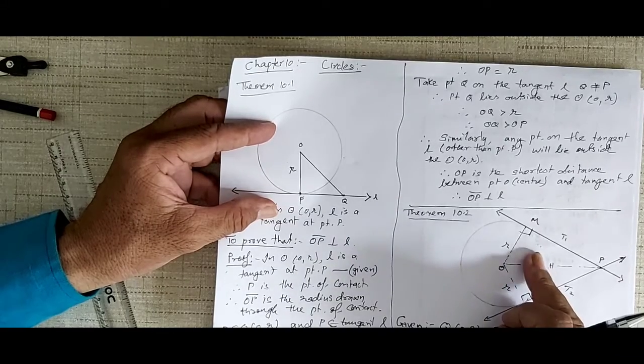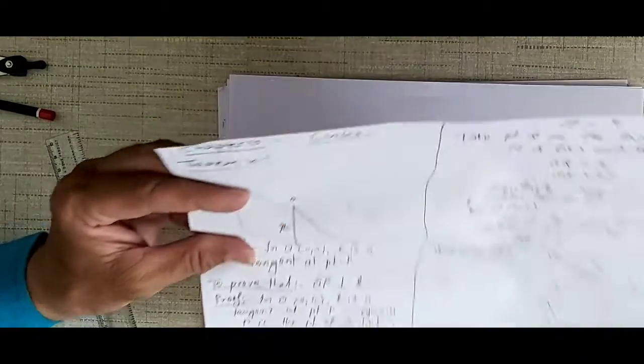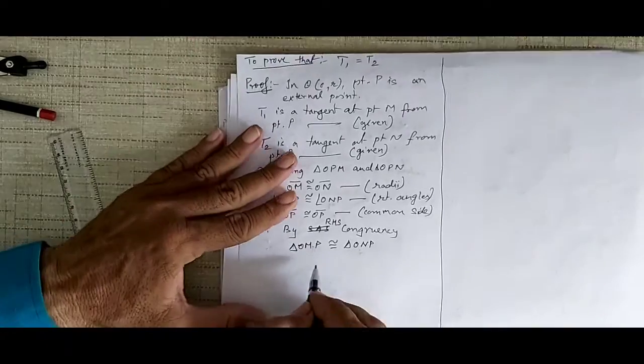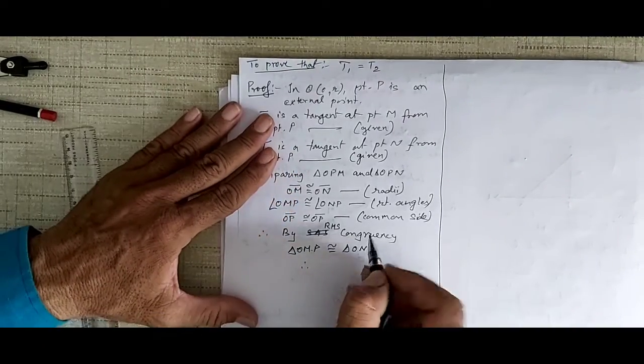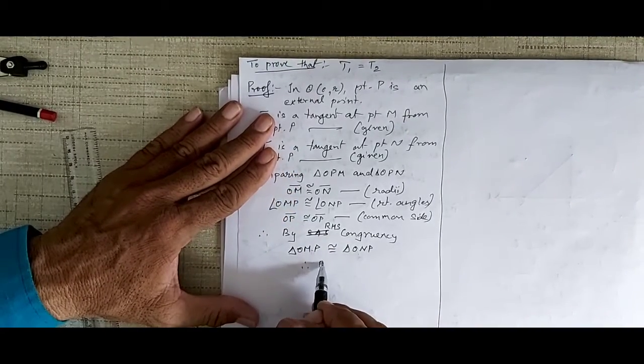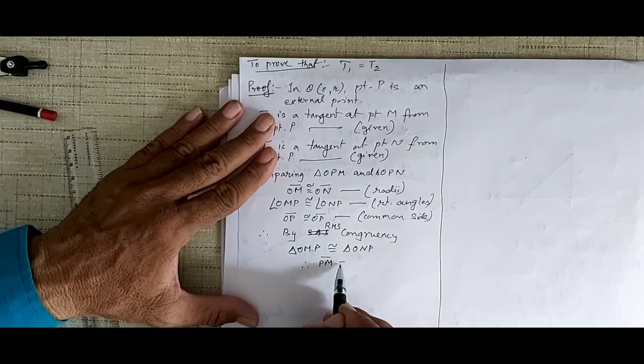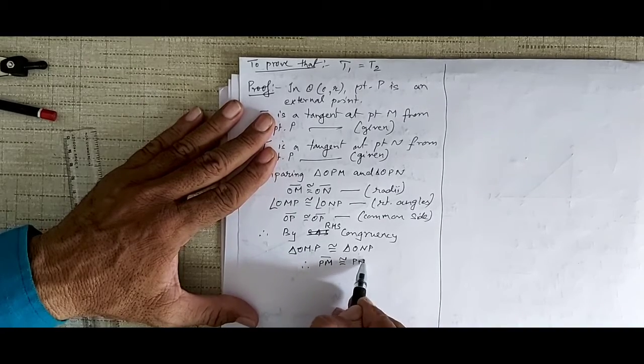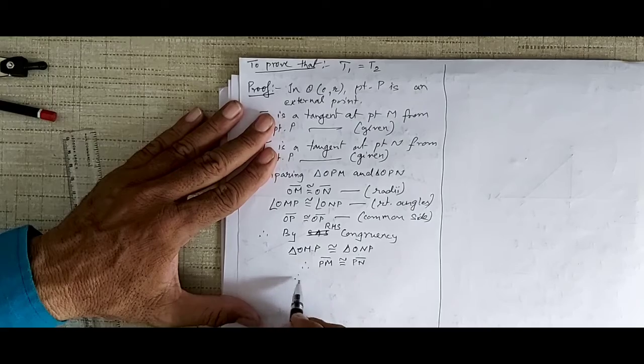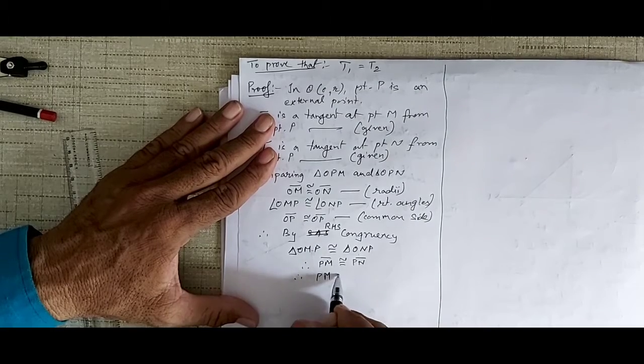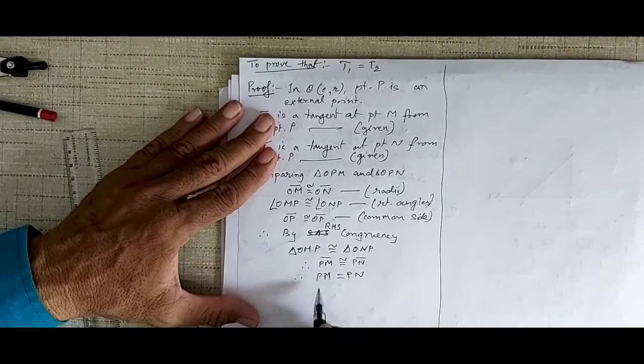If the triangles are congruent, then PM is congruent to PN, or you can say PM is equal to PN. But what are PM and PN? They are tangent T1 and tangent T2.